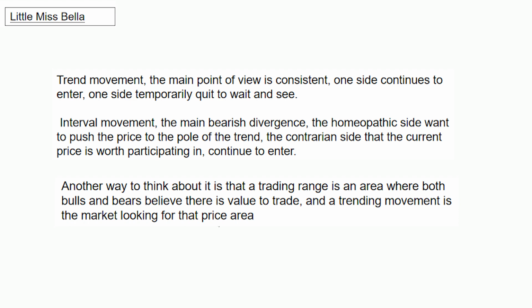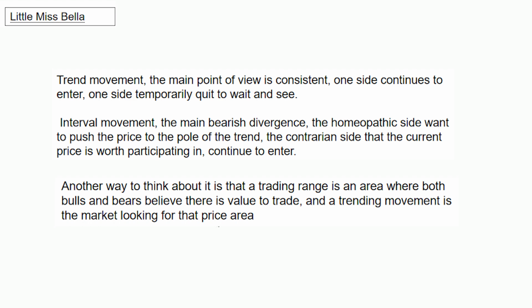We can also understand this from another angle: the trading range is the area that both bulls and bears believe has trading value, while trend movement is the market looking for this value area. In the value consensus area, the main forces of both bulls and bears continue to participate, or choose to temporarily exit the market and wait and see.